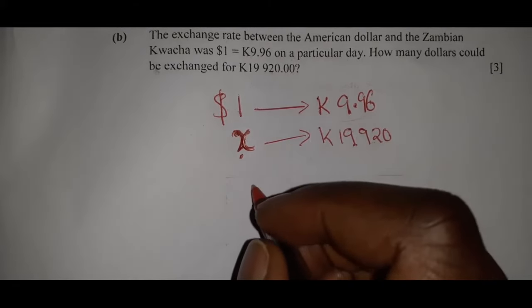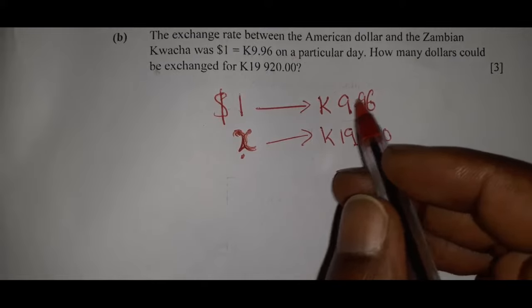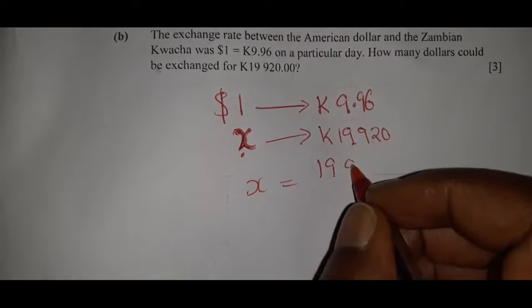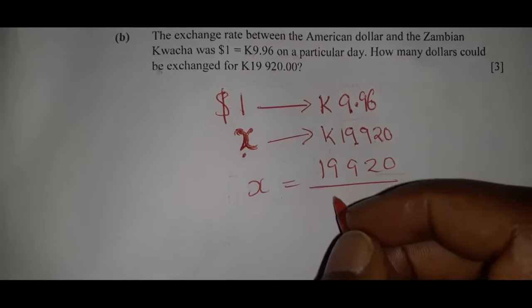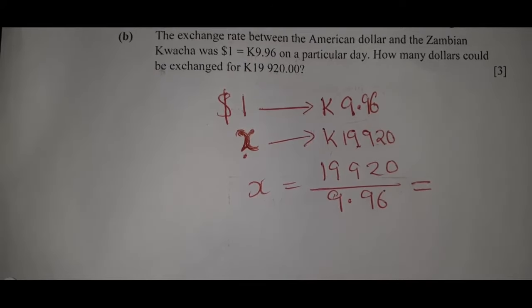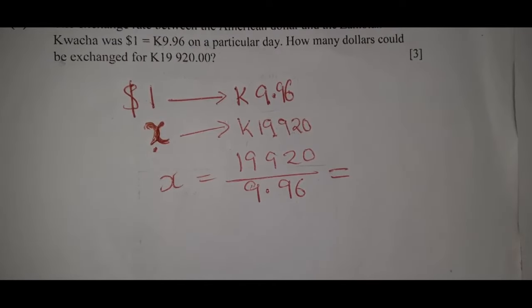Of course you can cross multiply here, but in other words you are just going to divide this 19,920 by 9.96. What you're going to get here will be your answer. Let's divide.